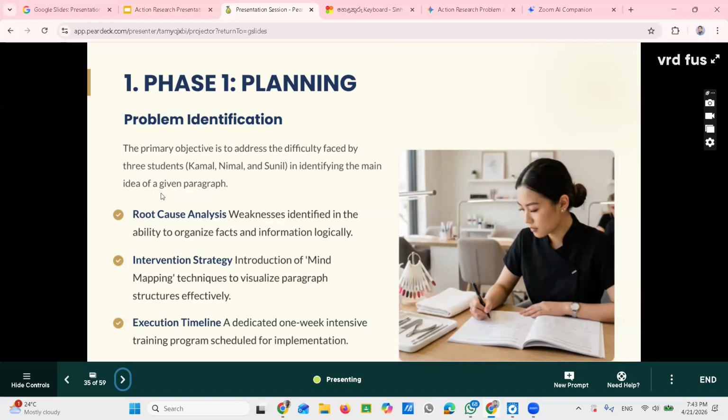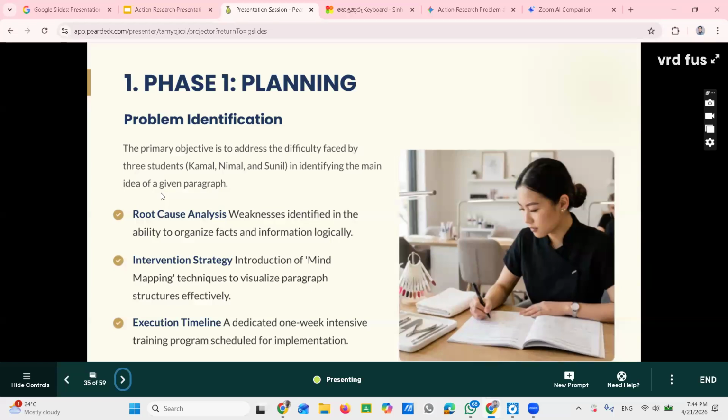The teacher understands that these three specific students have difficulty organizing the facts, identifying the facts and organizing information logically. They are having this difficulty, the reason for the above problem. They have a problem organizing the facts logically. That's the root cause analysis.